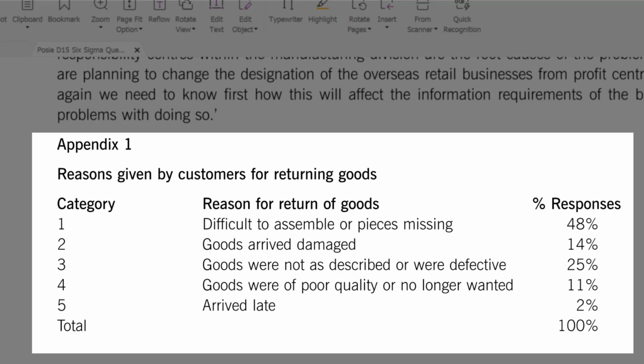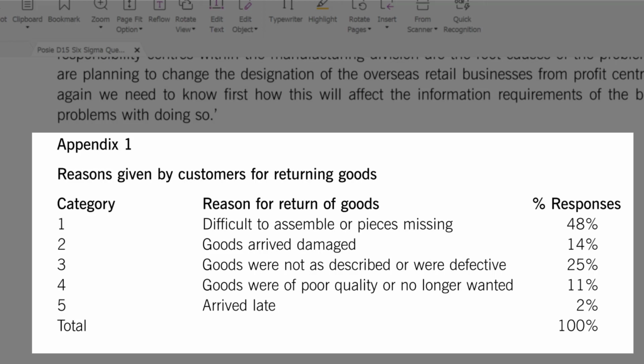Maybe it's just one country that's giving us 80% of the returns, right? A classic Pareto's situation. So that could be from poor instructions, or maybe they get damaged in shipping on the way to a particular country.